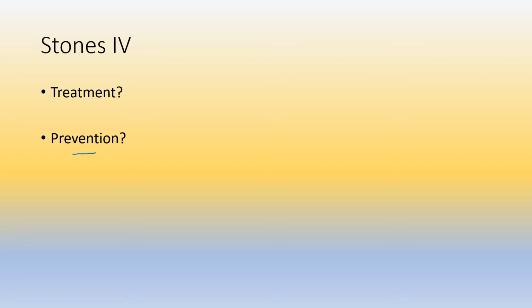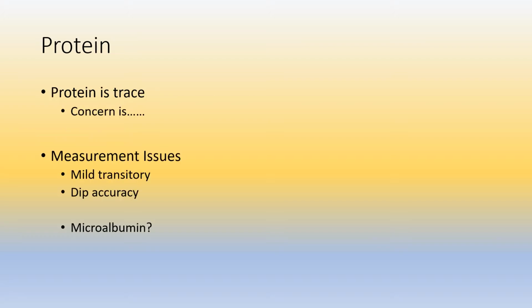The biggest prevention is usually hydration. There's some evidence that would seem to suggest that lemon juice decreases the risk of a number of different types of stones. So protein. Her protein is trace. The concern of that is that she's got some damage to her kidneys, because if you have damage to your kidneys from diabetes or from hypertension, you can actually start spilling a little bit of protein.